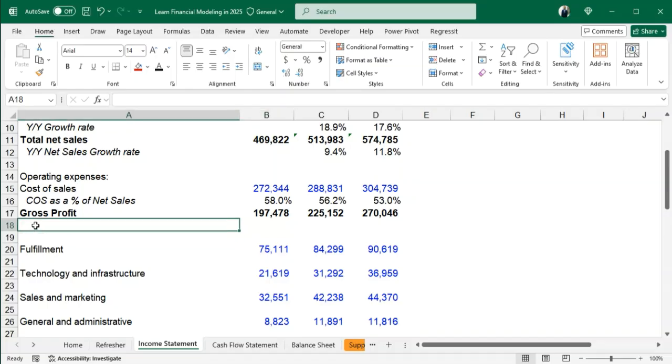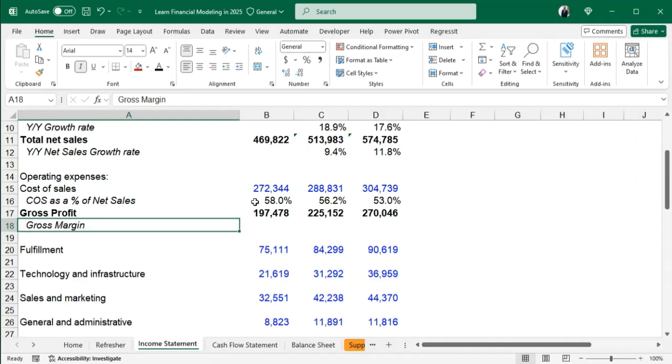Then we come to gross profit. Now, gross profit is also going to be calculated using what we call gross margin. All right. So the gross margin is also calculated in a similar way as a percentage of our total sales.